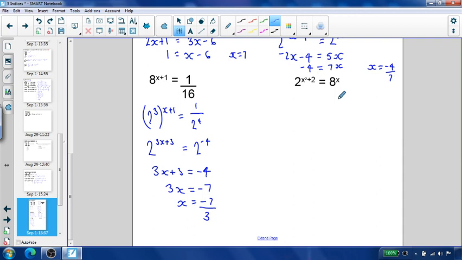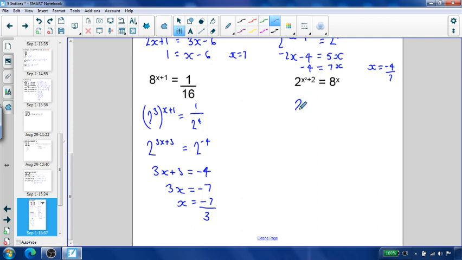Let's go to the last one. We've got 2 to the power of x squared plus 2, and that's equal to 8x. Now I'm going to start at the right-hand side and change this 8 to have a base of 2.